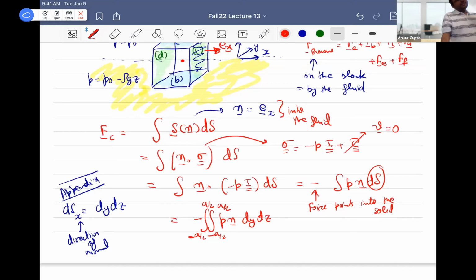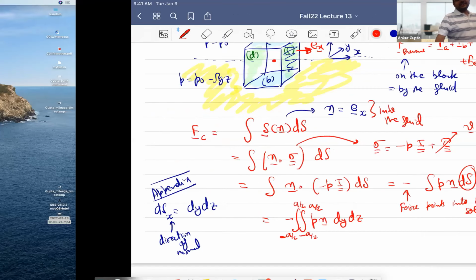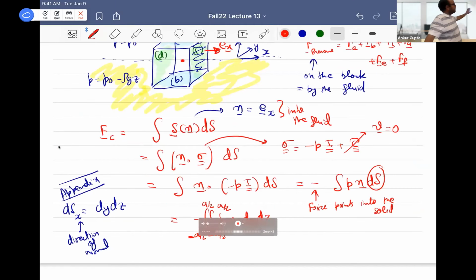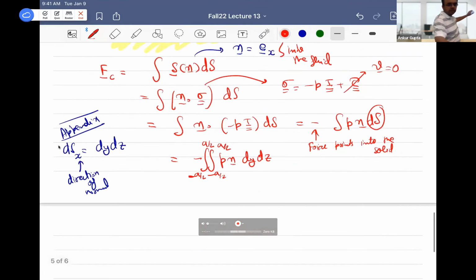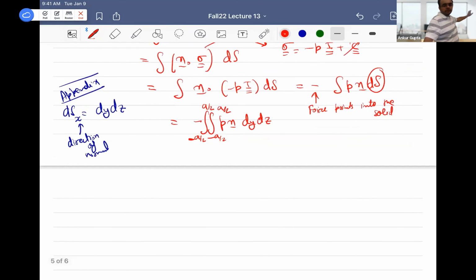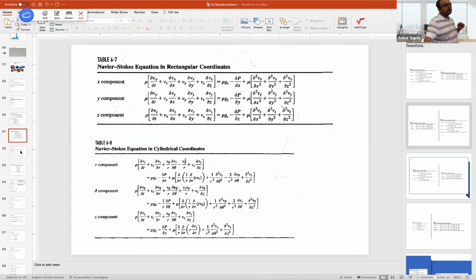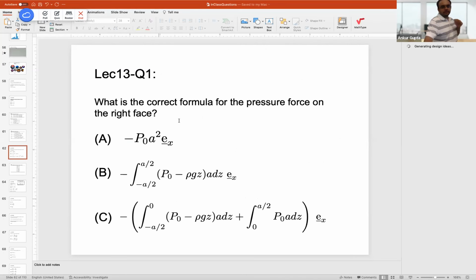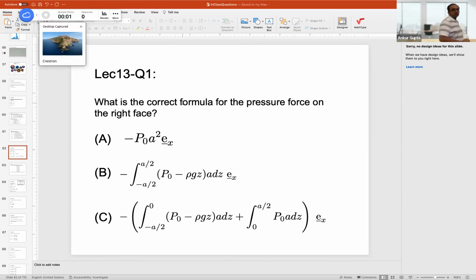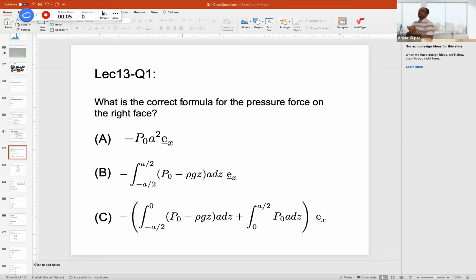Great question. I was just about to ask a clicker question on that. So this is basically your integration. And remember, we have already calculated pressure. Let's ask what Sophie was asking just now. What do you think would be the pressure force here? Let's take a quick poll. What is the correct formula for pressure force on the right face, which is the C face?